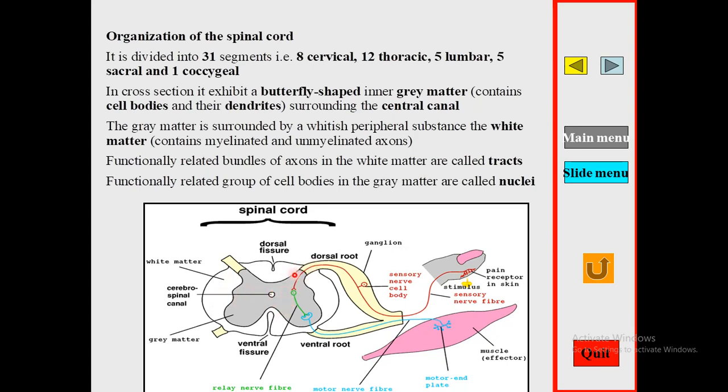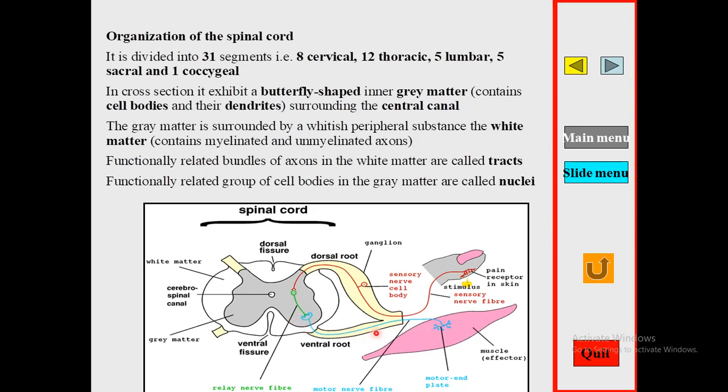From the dorsal root, they receive the afferent fibers, the sensory fibers, from the dorsal root ganglia. Sensory fibers have cell bodies in the dorsal root ganglia, then they send their stimulation towards the dorsal root, while the ventral root or horn of the gray matter contains the motor neuronal cell bodies, which give order to the targeted tissue, for example muscle, to contract.